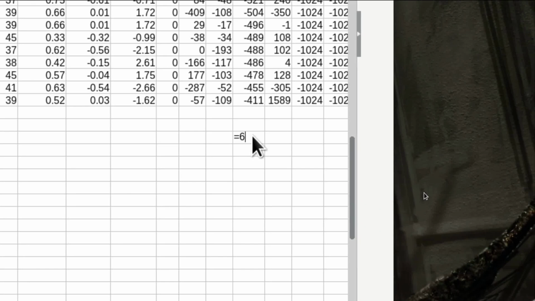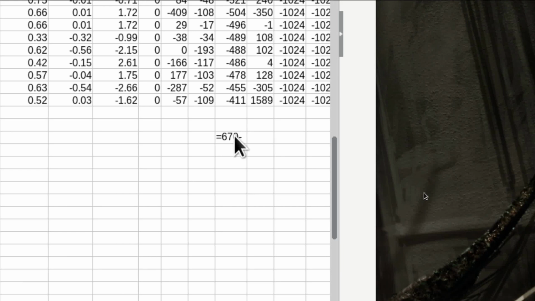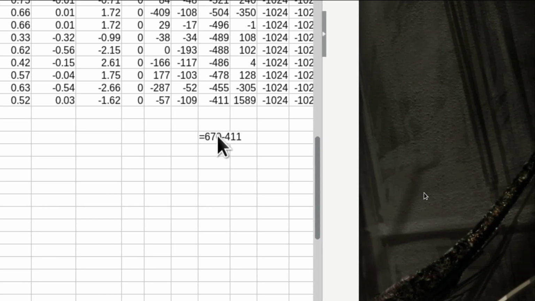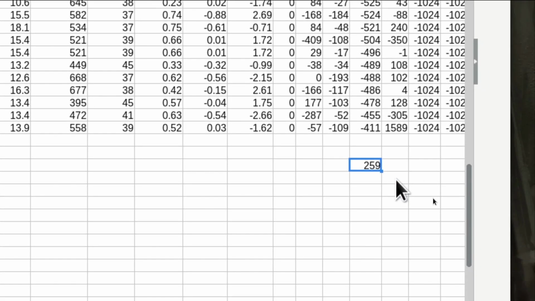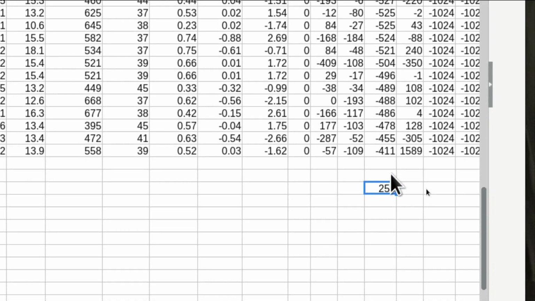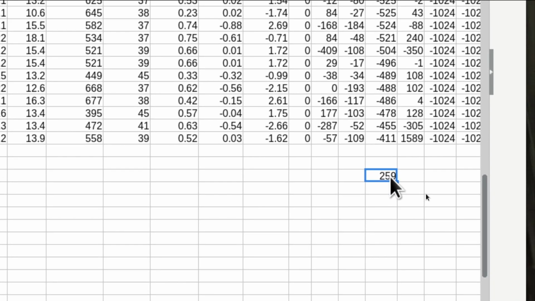So equals 670 minus, what was the value? 411. Yeah, that would be 259. Okay, that is actually the range. So if we were to get the middle here, that would be what?